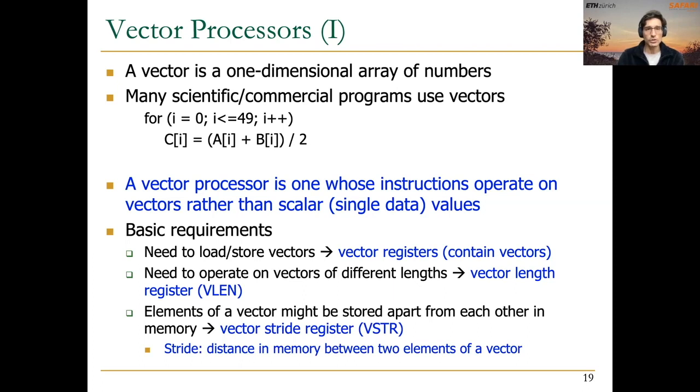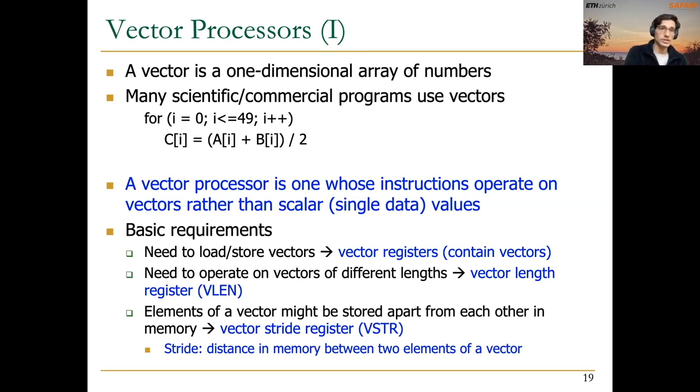And another type of register that we will need in vector processors is the vector stride register, which is going to define the way that we access memory. In the end, we are thinking about a very basic, very simple example like this one, where you see that all consecutive elements of arrays A, B, and C are going to be accessed, but there may be access patterns that are not like that.